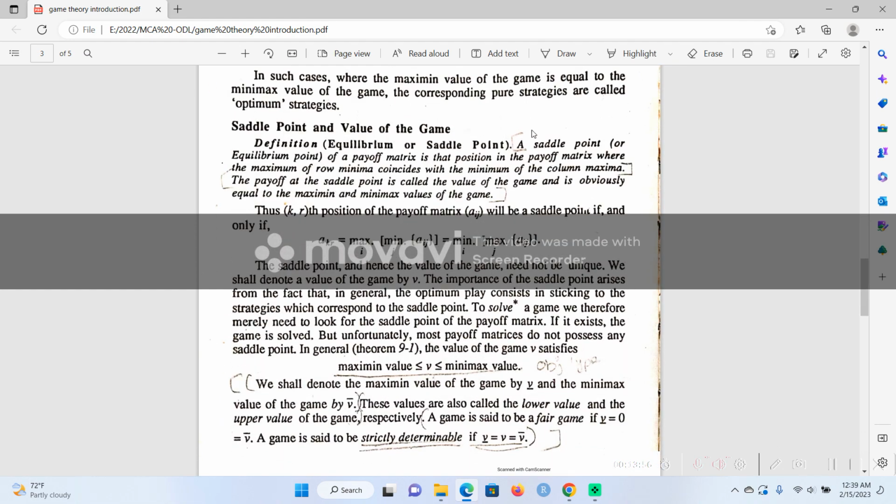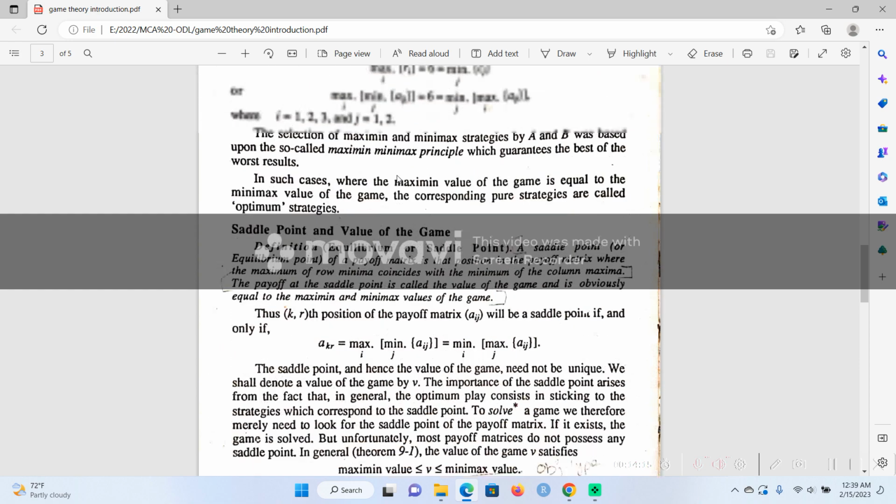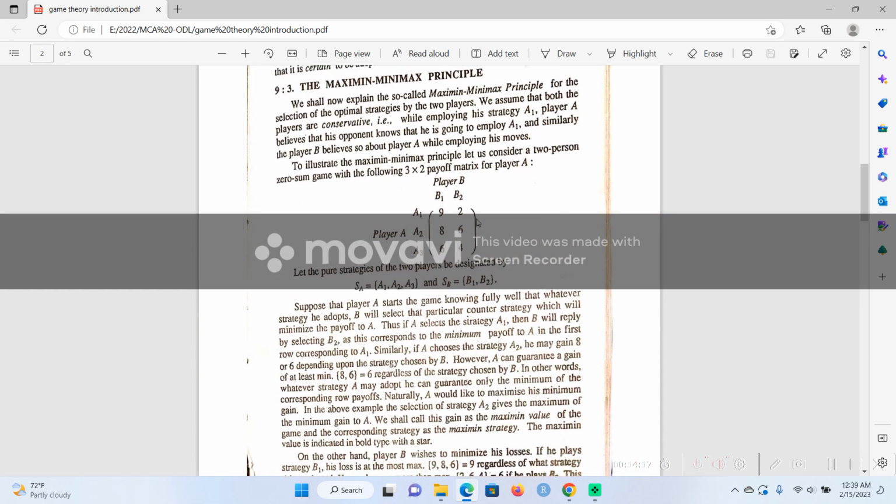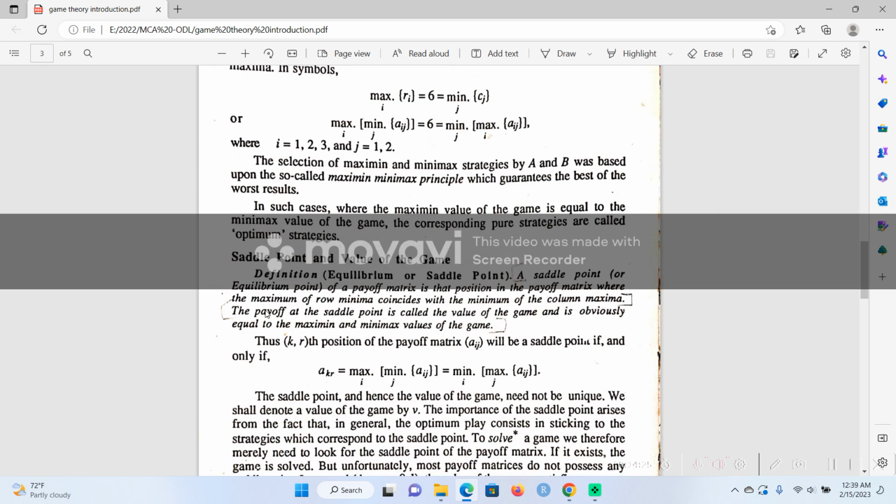So that is defined here. First we are going to define the saddle point, afterwards the value of the game. What is meant by a saddle point? A saddle point of a payoff matrix is that position in the payoff matrix where the maximum of the row minima coincides with the minimum of the column maxima. Previously I told you, in a row we consider the minimum, and among the minima we choose the maximum value.